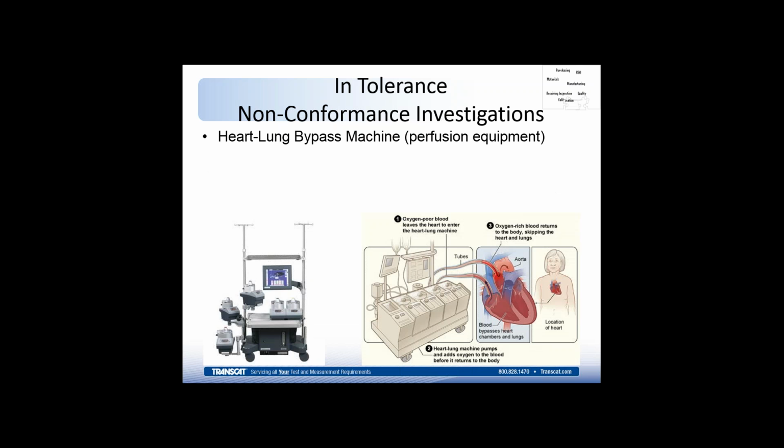So in this example, we're looking at a heart-lung bypass machine, what's known as perfusion equipment, where in an open heart surgical situation, you're using the machine to keep the patient alive while the heart is stopped and is being operated on.